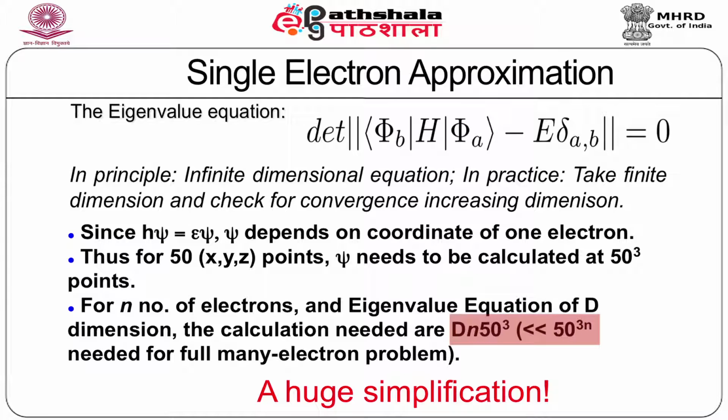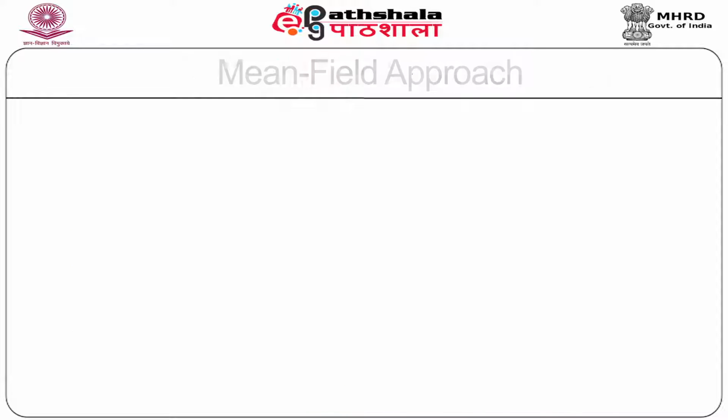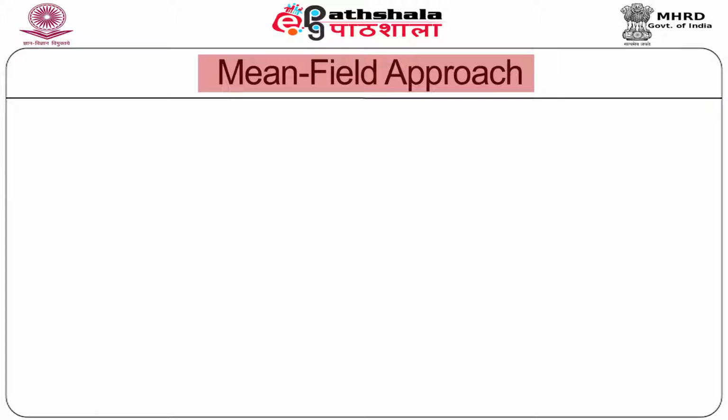By introducing the single electron approximation, we thus achieve a huge simplification in the problem. It is, however, too crude to neglect the two-particle term completely, as we have done so far.